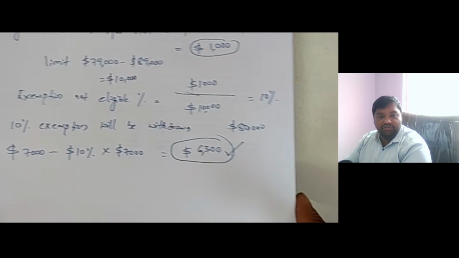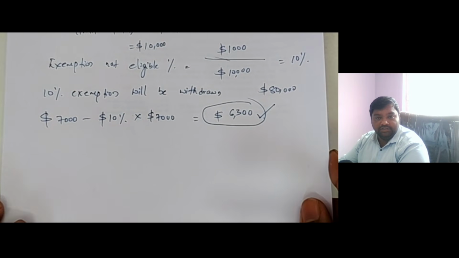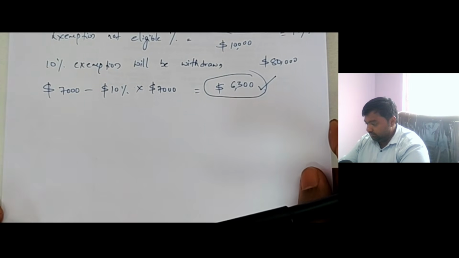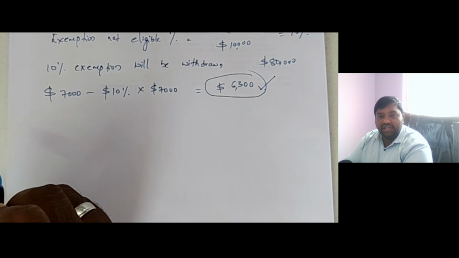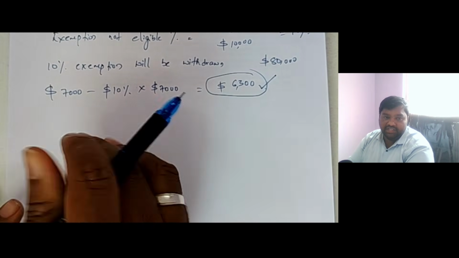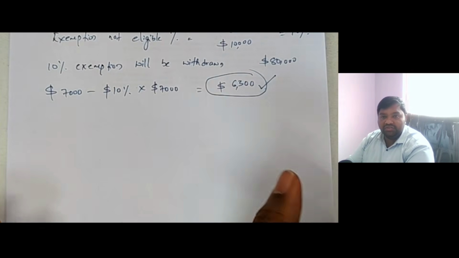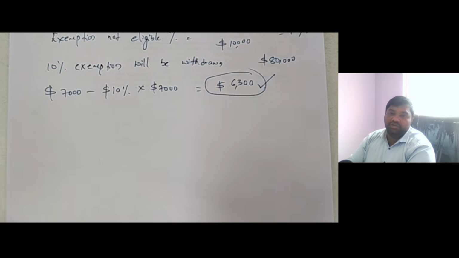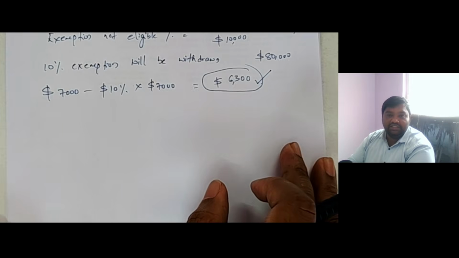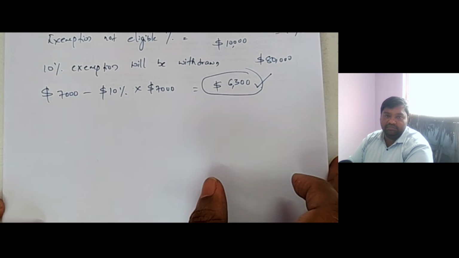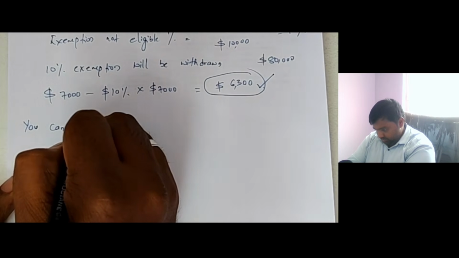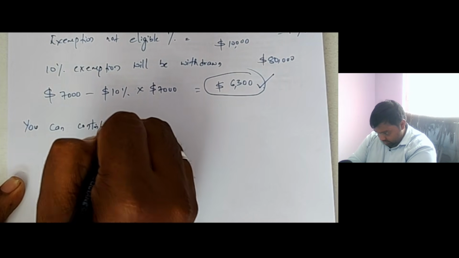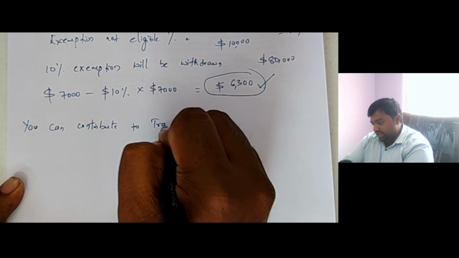Remember, we are discussing only traditional IRA here. We didn't go to Roth IRA. Now suppose your employer is sponsoring and you have so much money with you, and you want to contribute to this savings plan up to the annual limit of 7,000.